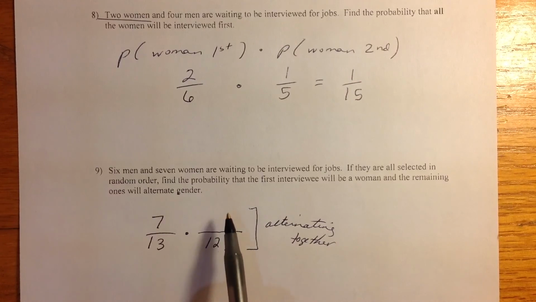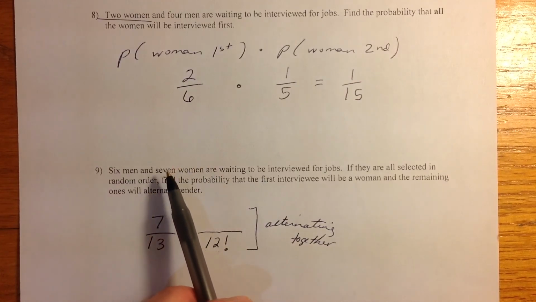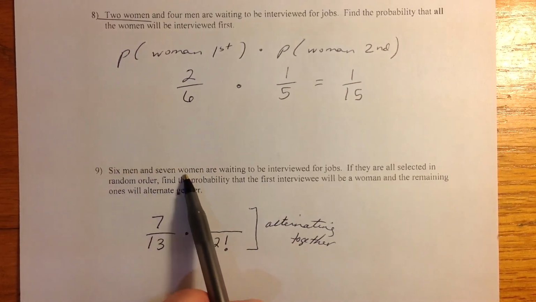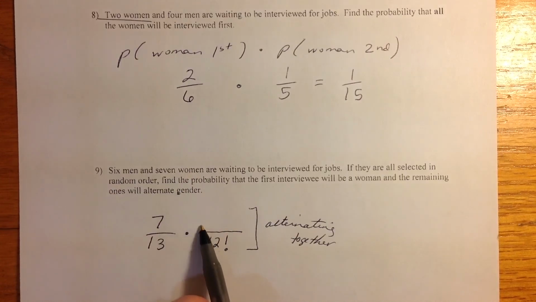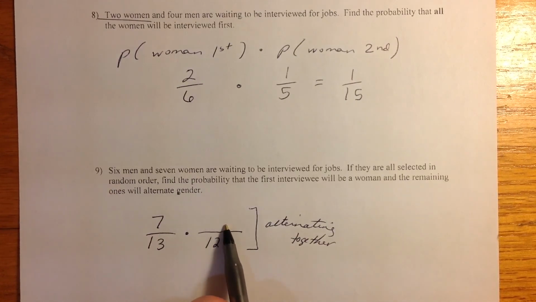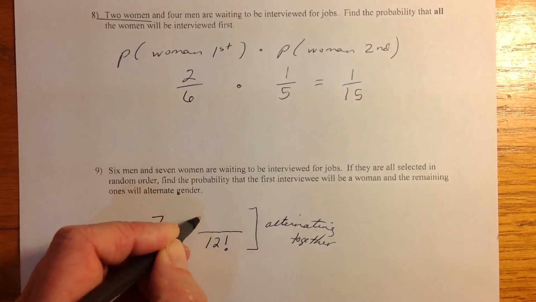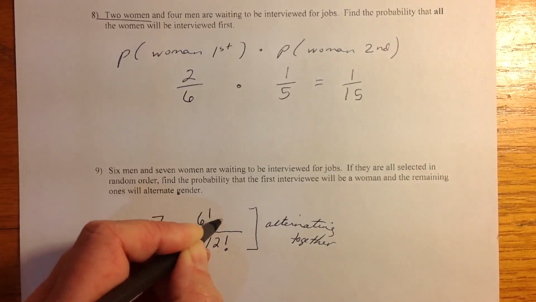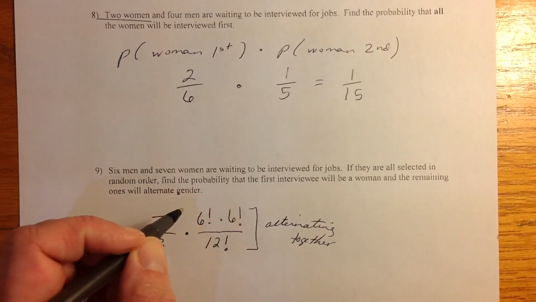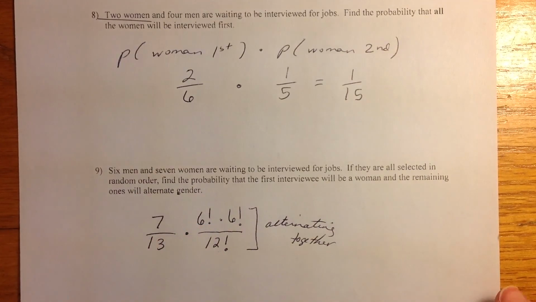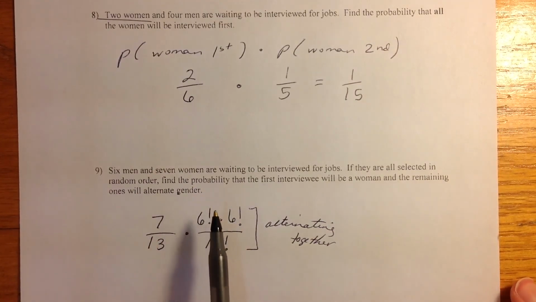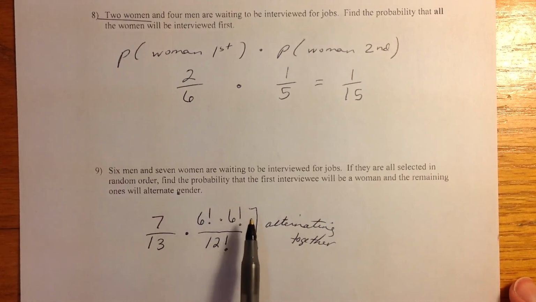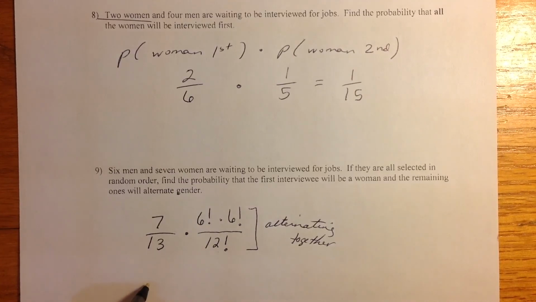Now the top is that 6 men and 7 women then have to alternate. So it has to be man, woman, man, woman, man, woman. Right? So that means 6 factorial times 6 factorial, because you'd have 6 men, then 6 women, then you'd have 5 men, then 5 women, so on and so forth. When you come up with this answer, you get 0.00058.